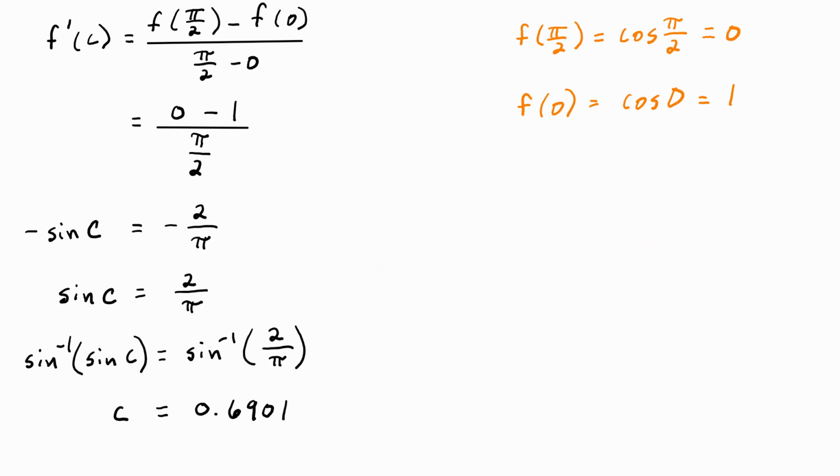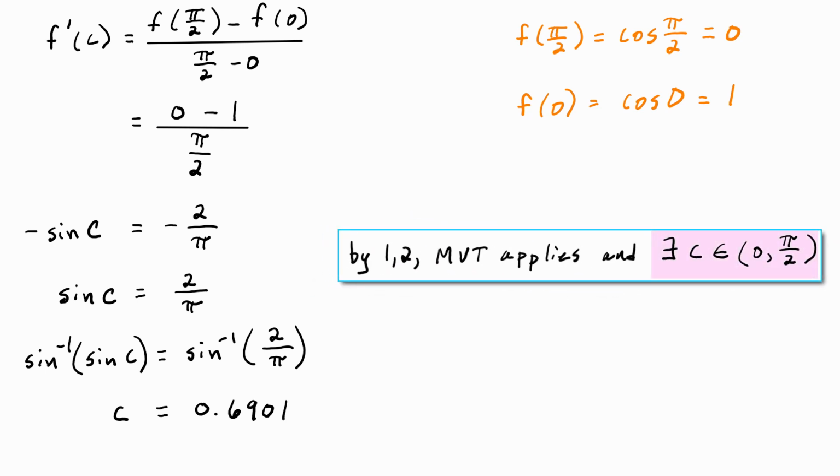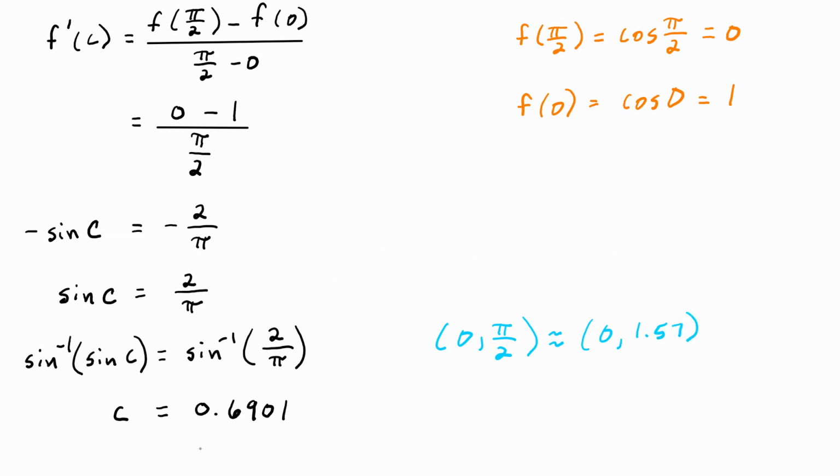Now remember, we have to make sure that that value fits into our interval, which is the open interval from 0 to pi over 2, and 0 to pi over 2, if we did approximate values, is 0 to 1.57. So certainly a radian measure of 0.6901 is inside that interval, so this value of c will work.